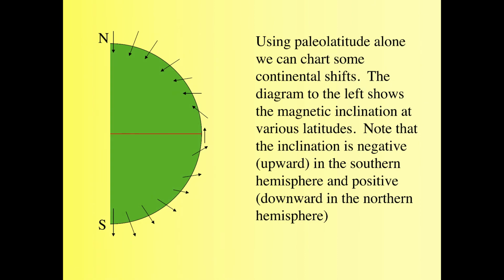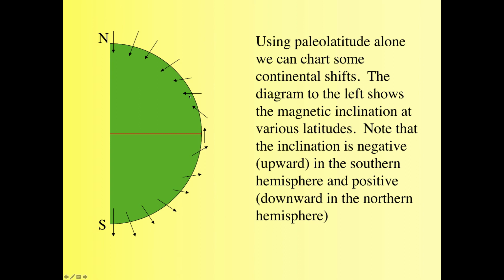That pattern is shown on the left-hand side of your image here. This is a cross-section of the Earth, and it's showing you the direction in which the dipole field points. Upwards at the South Pole, downwards at the North Pole, and parallel to the surface here at the equator. And the angle changes.